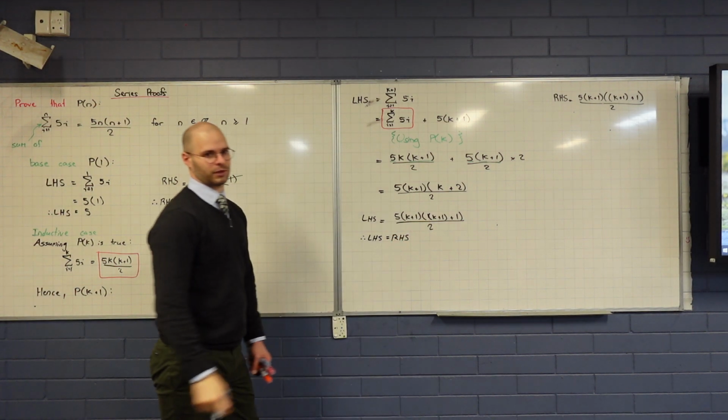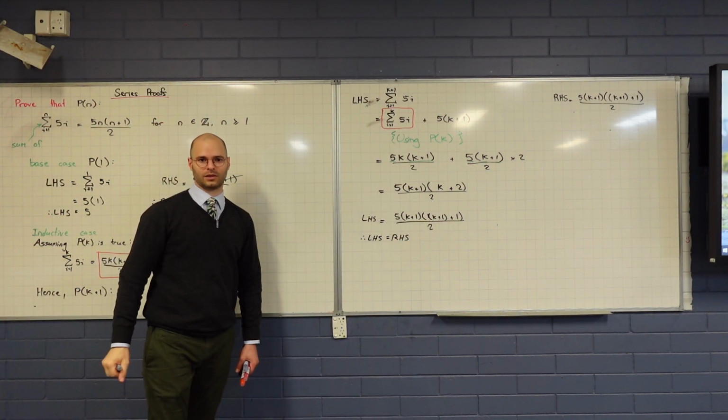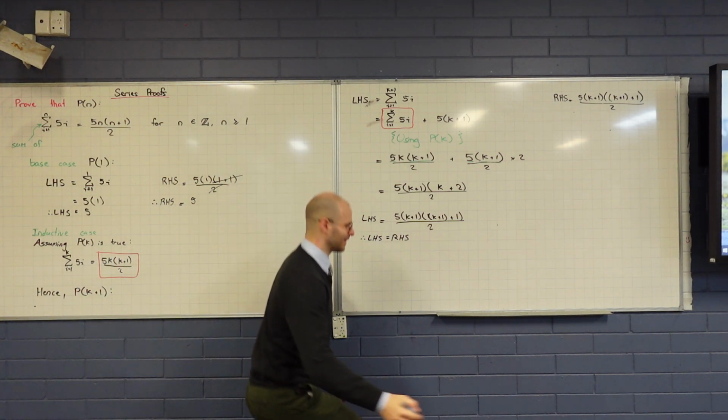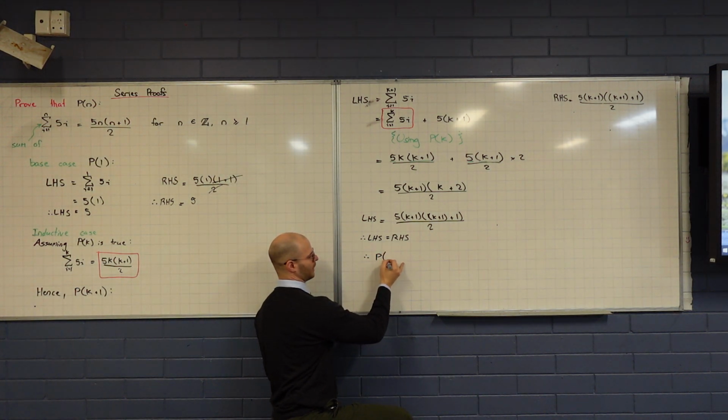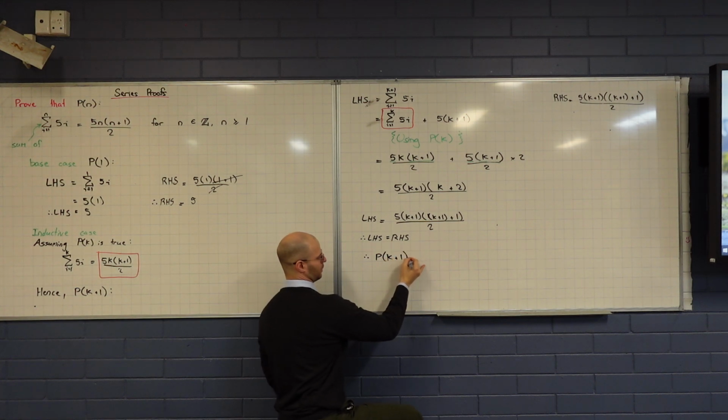Now to get the final 3 marks, there's 2 more things we have to do. Anyone remember? Since P1 is true. Yeah. So we say, therefore P of k plus 1 is true.